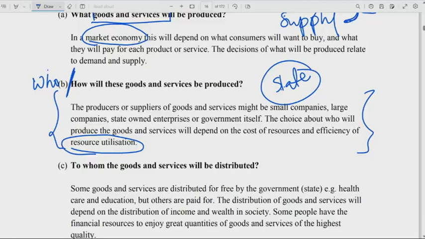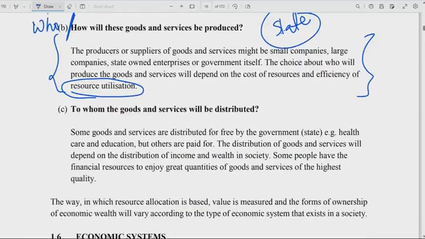How and who will produce revolves around this: who is actually producing, is it the government, a small company, a big company? This all depends on how they feel the resources will be utilized and on efficiency, so those decisions revolve around who will produce and how they will produce these goods and services.